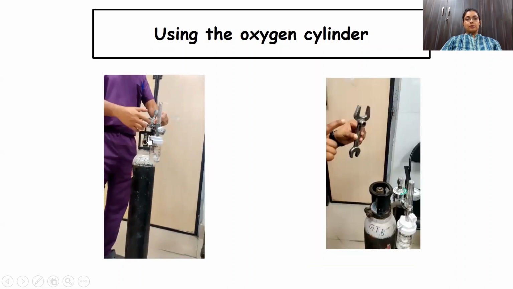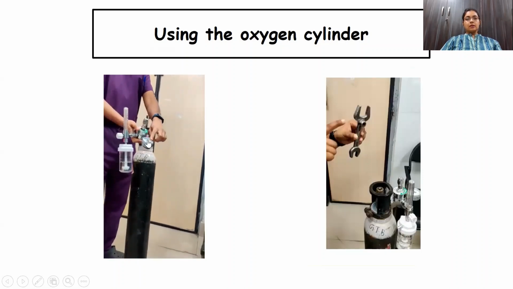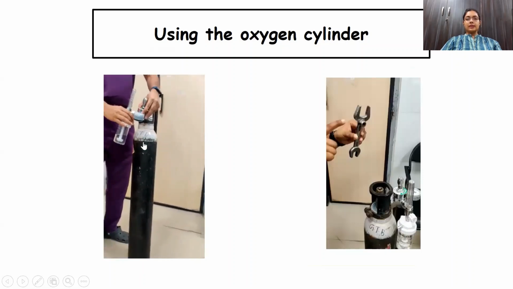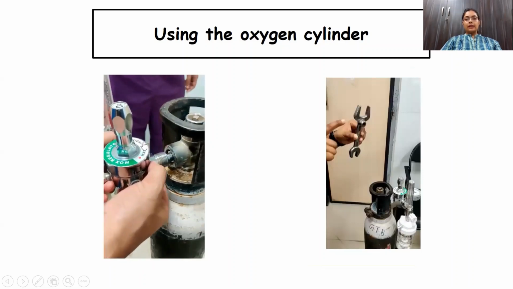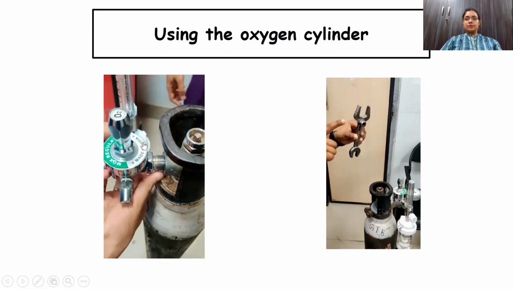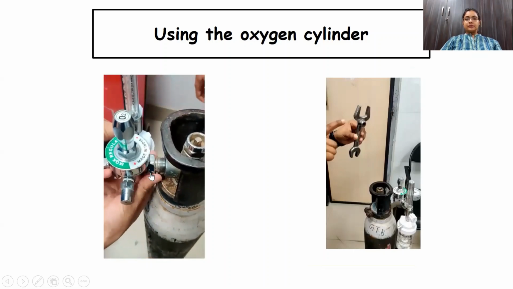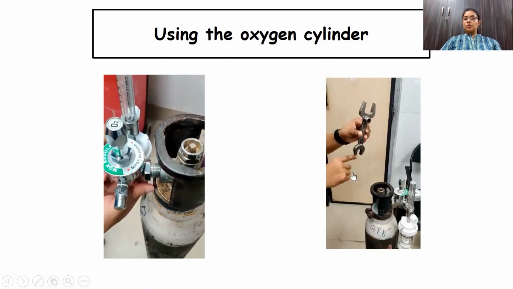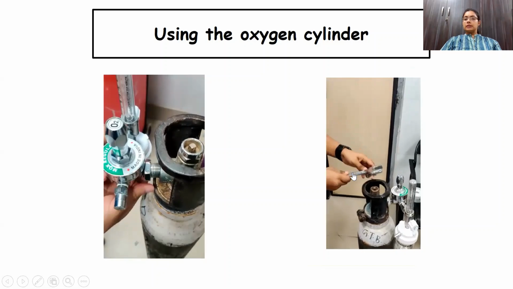This is the flow control knob, and this is the screw portion that will go inside the cylinder, and you have to attach it and screw it and tighten it over, right? And then now you need to open the cylinder.